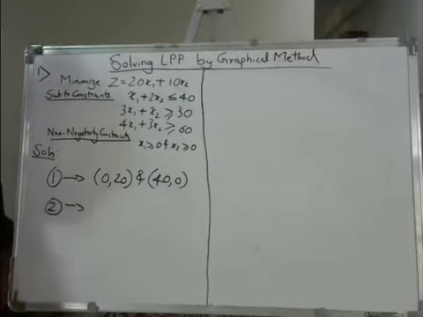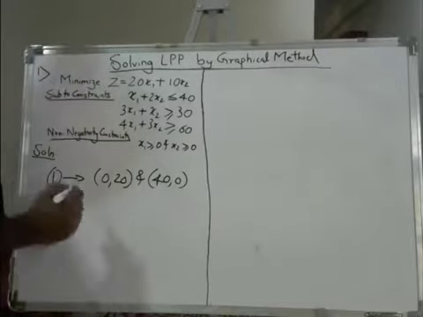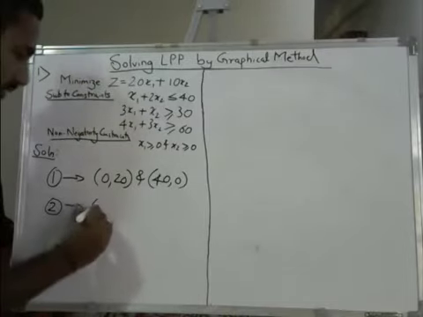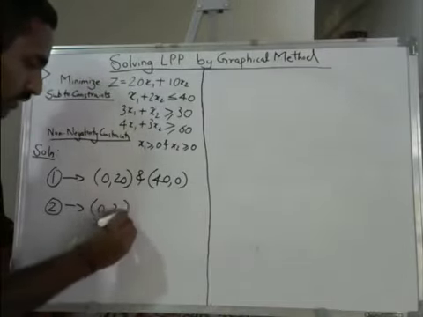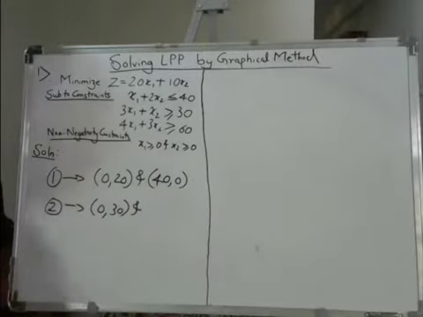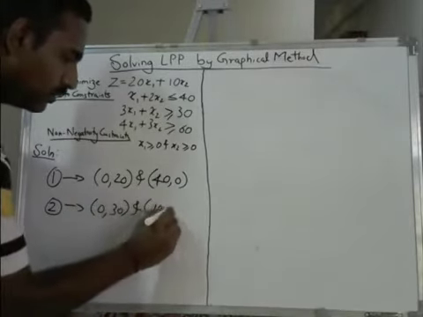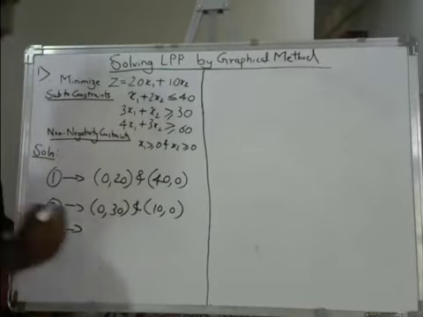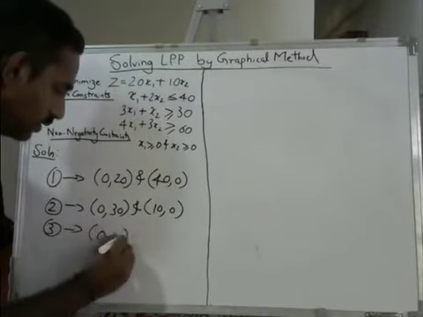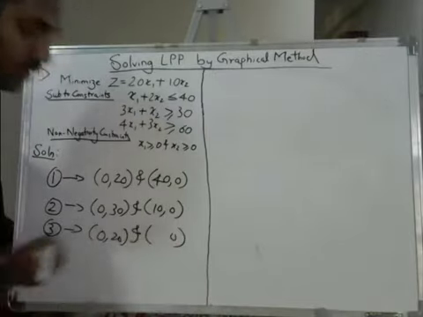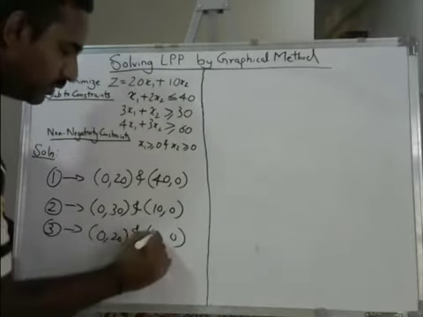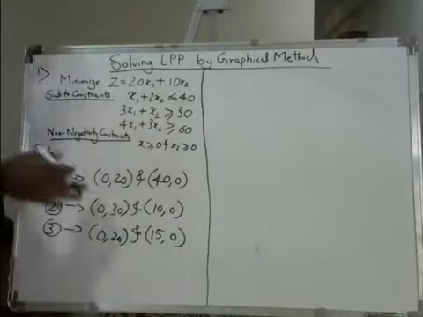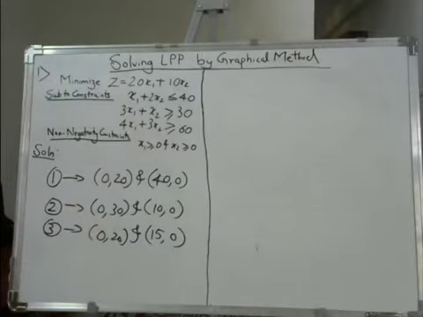For the second equation, if we solve it in a similar way, we will get 0, 30 and 10, 0. For the third equation, we will get 0, 20 and 15, 0, if we solve all these three constraints in that way.